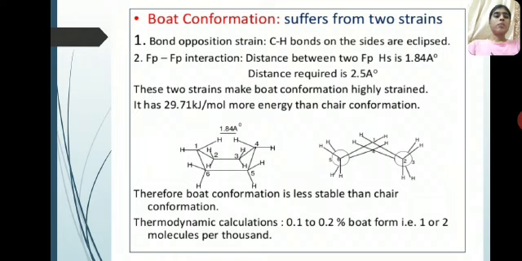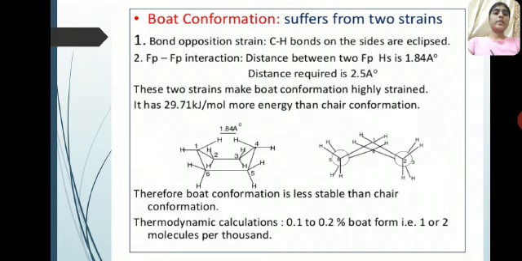The first is bond opposition strain: the C-H bonds, carbon-hydrogen bonds, on the sides are eclipsed. The second is flagpole interaction: the distance between the two flagpole hydrogens is 1.84 angstrom, whereas the distance required is 2.5 angstrom. These two strains make the boat conformation highly strained.